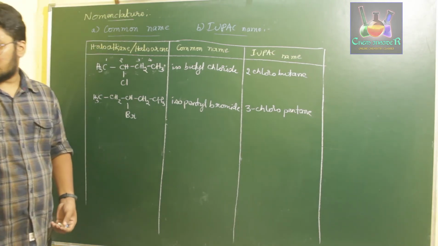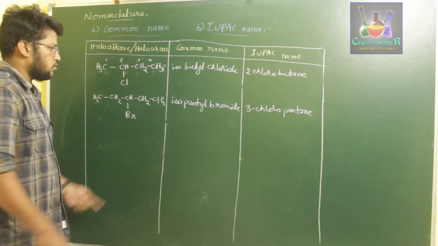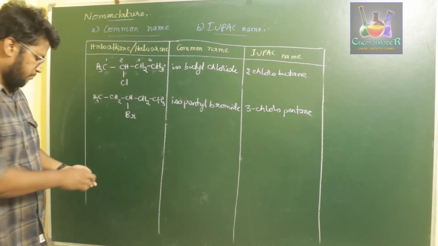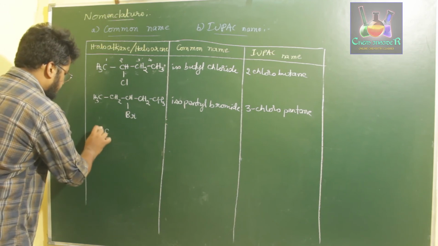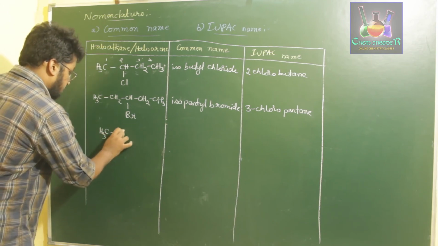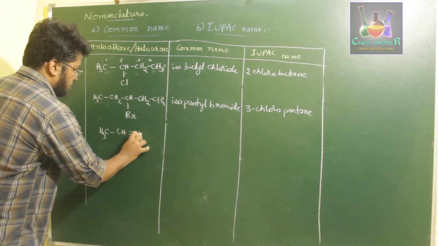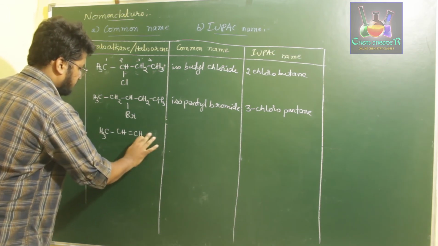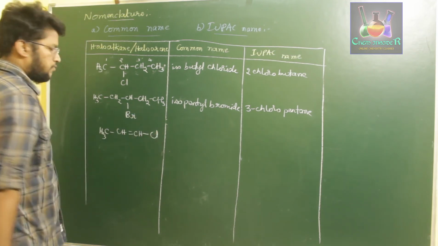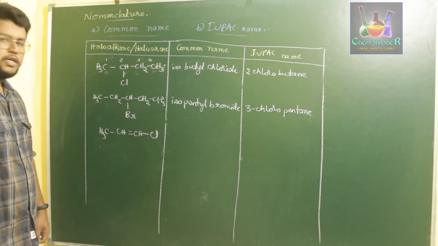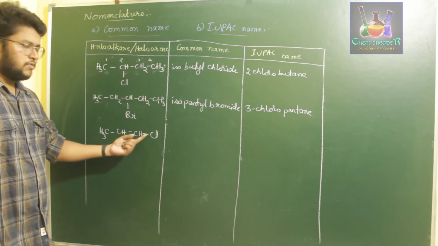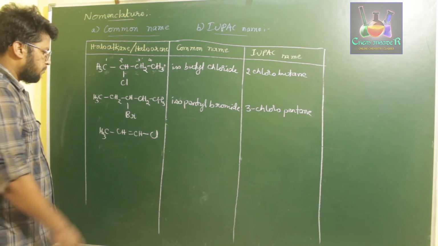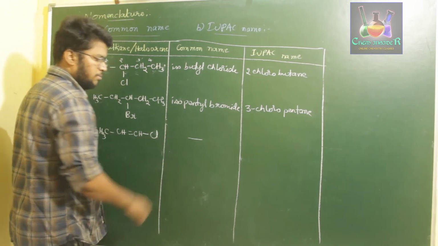So these are certain examples for our haloalkanes. Next we will discuss some examples for haloarenes. But first, one more example: if it has a double bond. Let us say CH3, CH double bond CH, Cl. So now we won't name this by the common name.